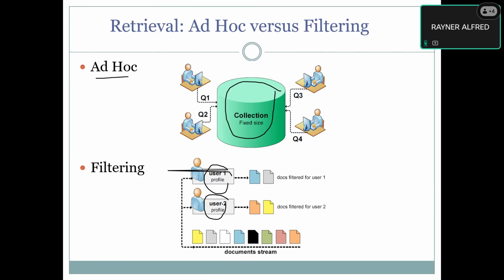Based on your previous queries or keywords, they try to rank the documents based on your profile. So these two are different, because this one is more efficient: they give you more relevant documents with respect to your profile. They will try to match with your profiling. So for example, bank.